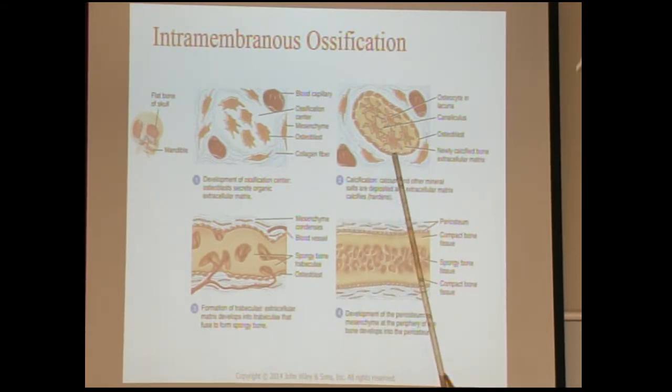Then these little pieces of bone we made fused together to make these trabecula, which turn yellow. And then the edges, or the outsides of the bones, become compact tissue. So you've got spongy bone in the middle with holes in it, and those trabecula going through, and then on the edges, you've got that hard, compact bone.